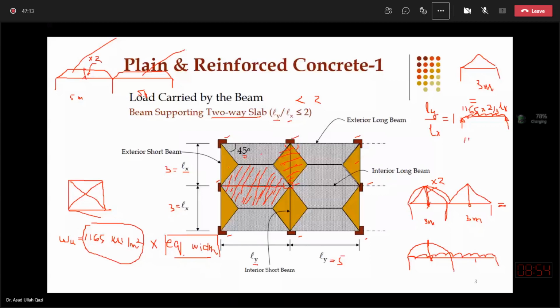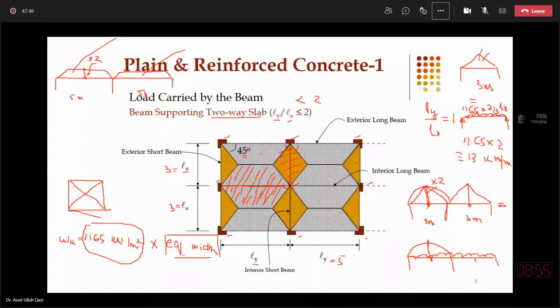It means the interior short span beam is subjected to around 13 point something kilonewton per meter UDL. This is how quickly you get the UDL, and you can use this UDL to calculate the moment rather than working on the triangle and calculating the mid-span moment.